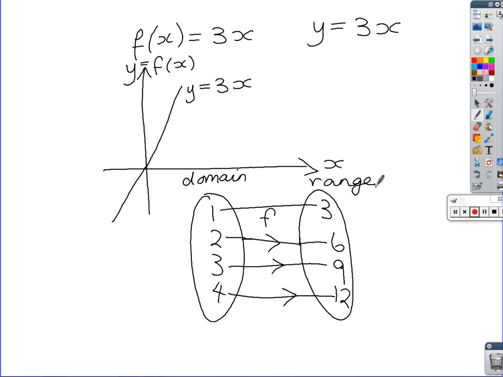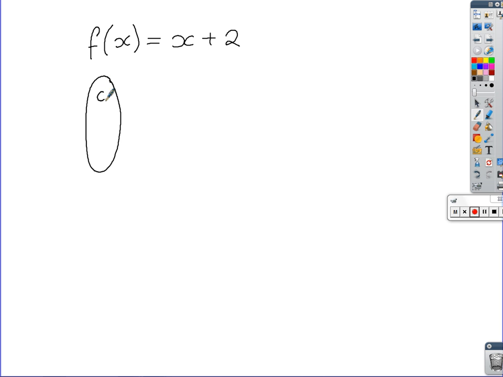Now I'm going to show you some more examples. If we take the function f of x equals x add 2, the set of numbers n we can have as 0, 1, 2, 3.